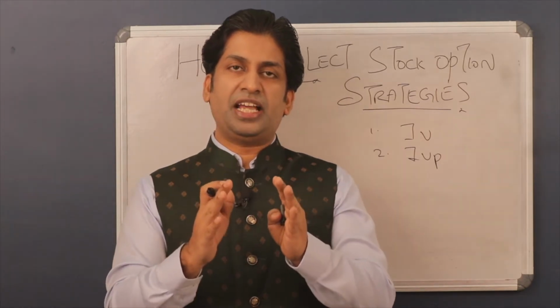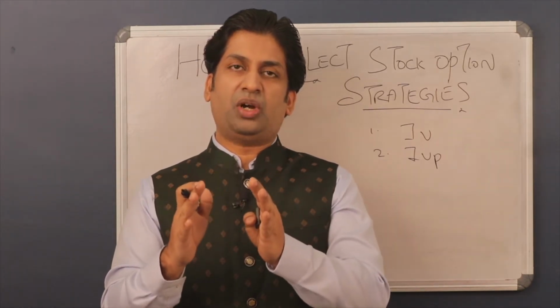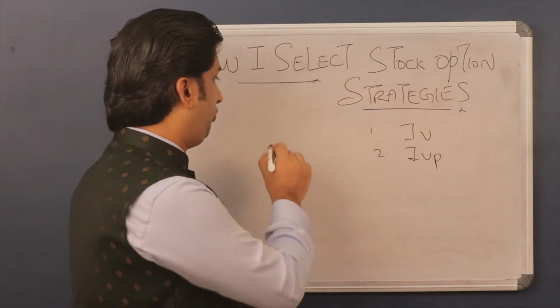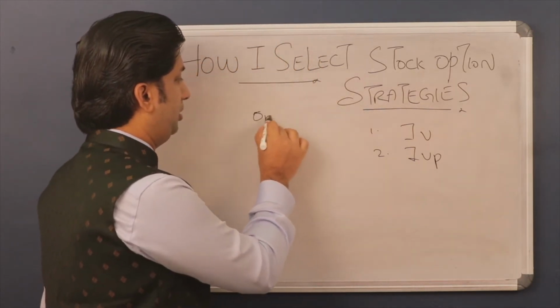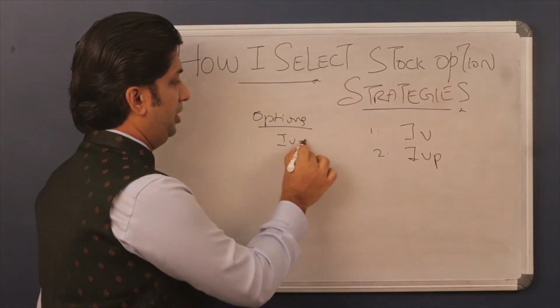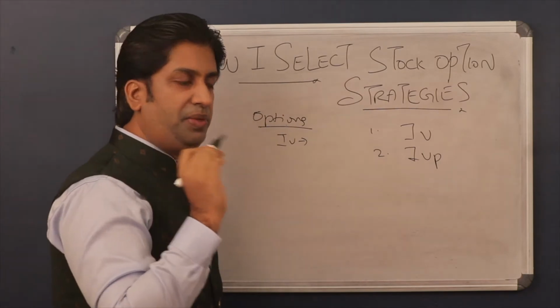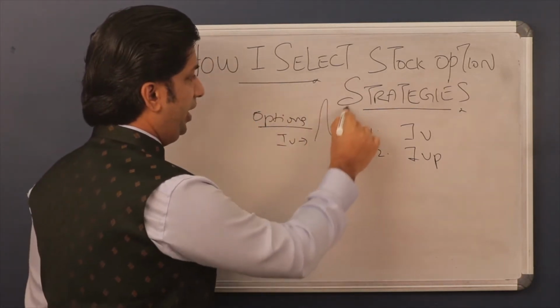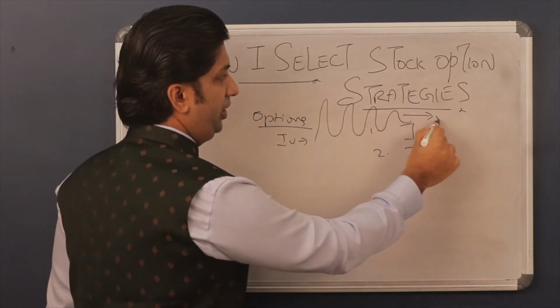IV represents the expected volatility of a stock over the life of the option. That means if you are trading in options, IV means volatility. What is volatility? This up and down movement is volatility.